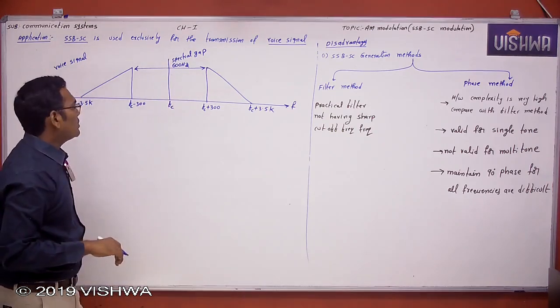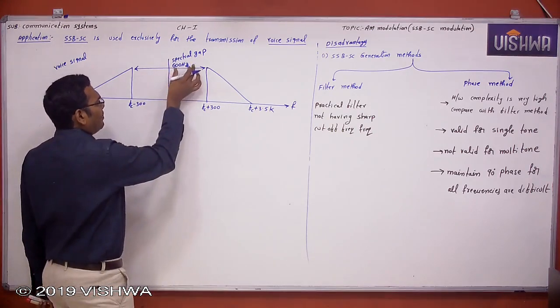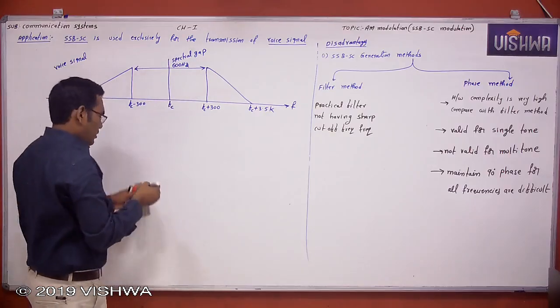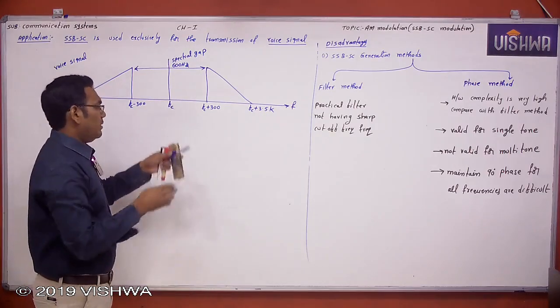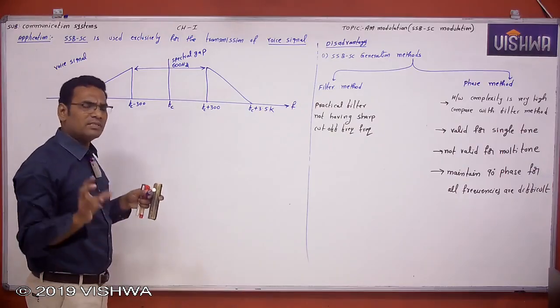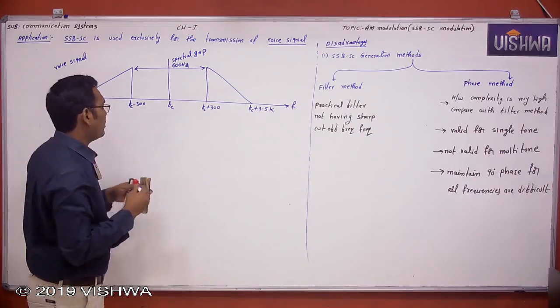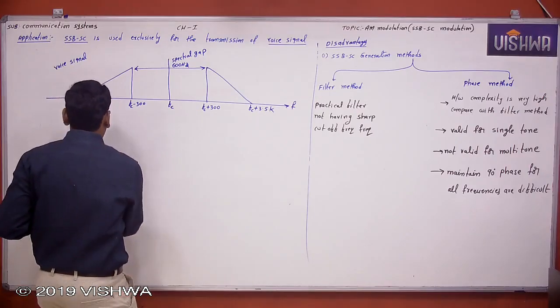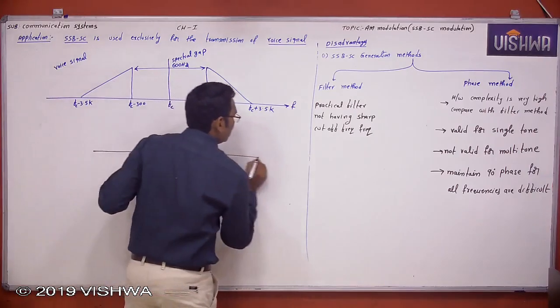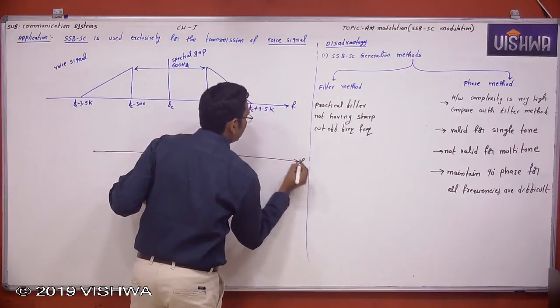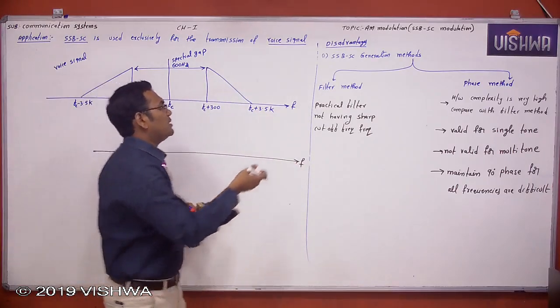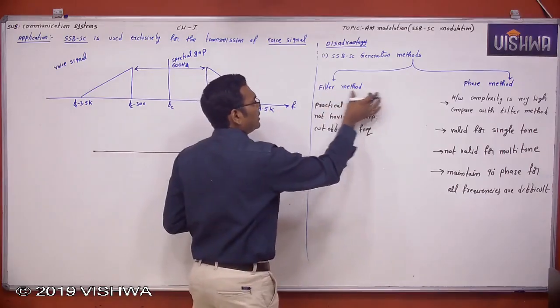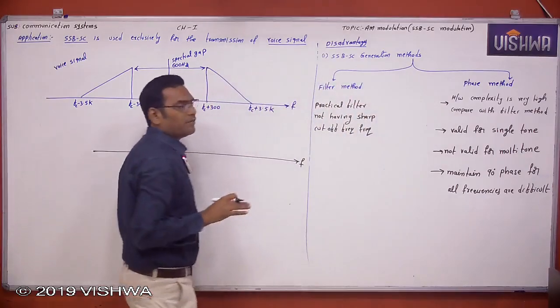Now see here, there is a spectral gap of 600 Hz. Let us assume some modulation technique for transmitting the voice signal. Now let us assume I want to take an SSB-SC signal. SSB-SC generation has two methods, the filter method and the phase method. Therefore I want to take the filter method.